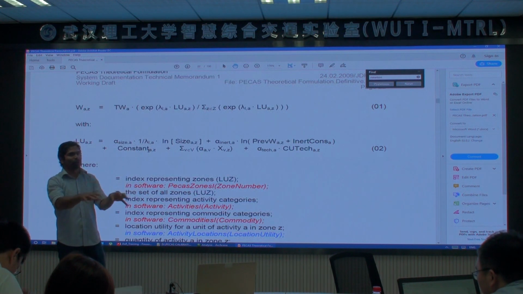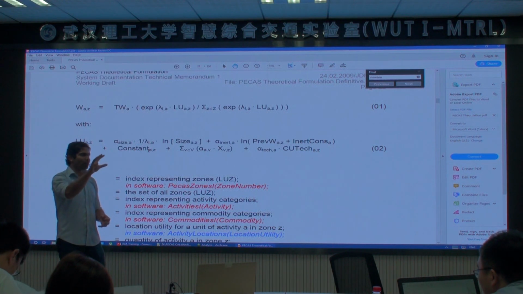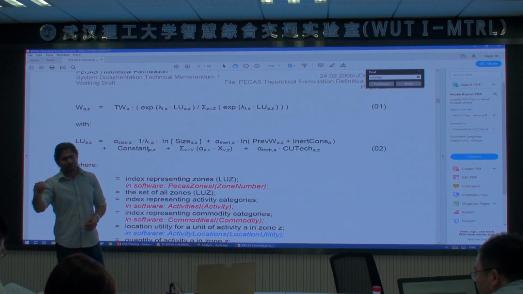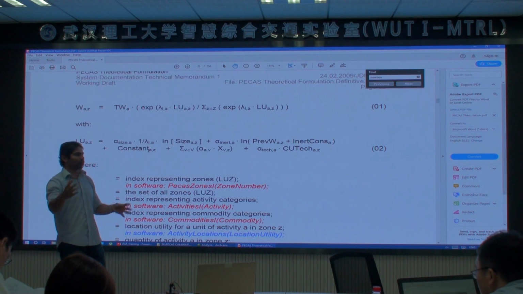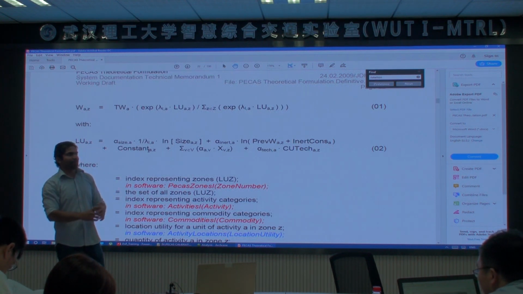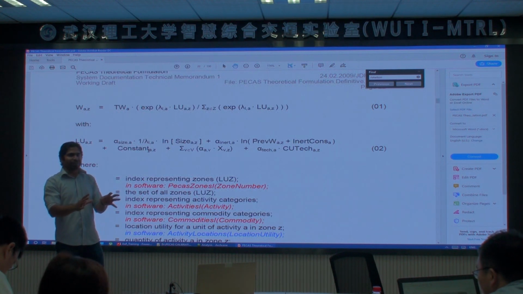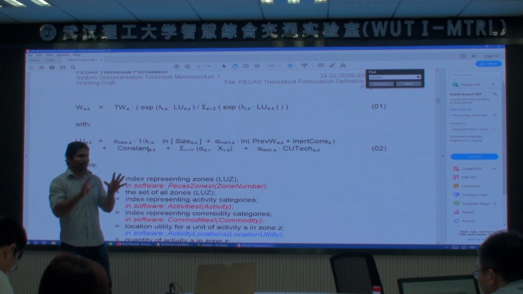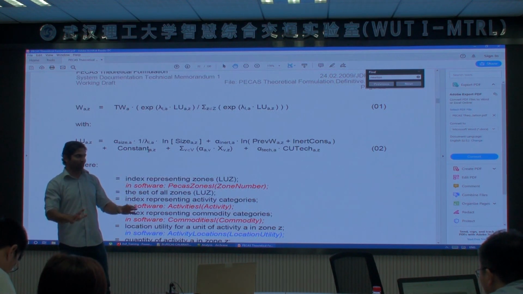For example, you know how many households are in zone 101, and how many in zone 102. You know that information in the base year, so we constrain the model in the base year. It's very important to understand that.